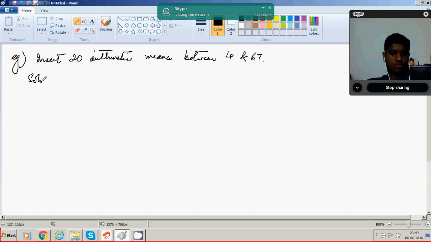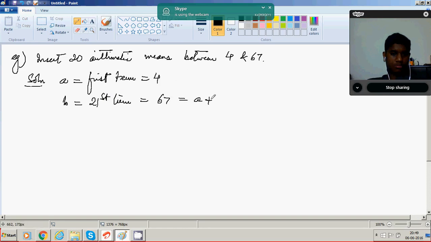So solution here, a equal to first term, b equal to 21st term, equal to 67, equal to a plus n minus 1 times d. Therefore 67 is equal to 4 plus 20d.